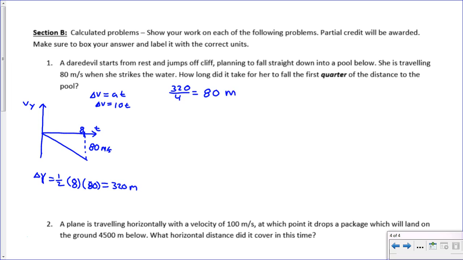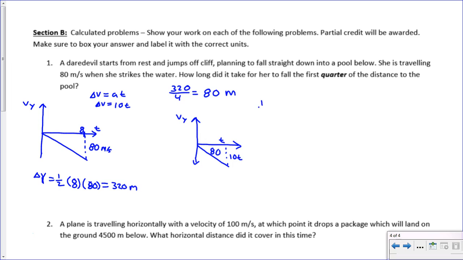All right, and then we're going to make a new situation where we've got Vy again here. In this case, I want to see how long it takes her to fall 80 meters. So in this case, I know 80 is the area because that's the change in height. I don't know how long it's going to take, but I know the acceleration is 10, so I can call this t and 10t.